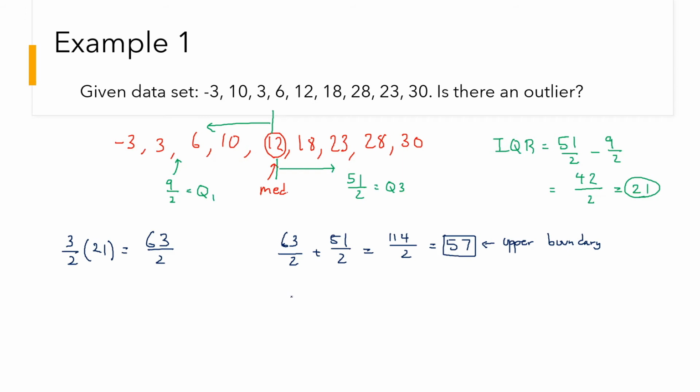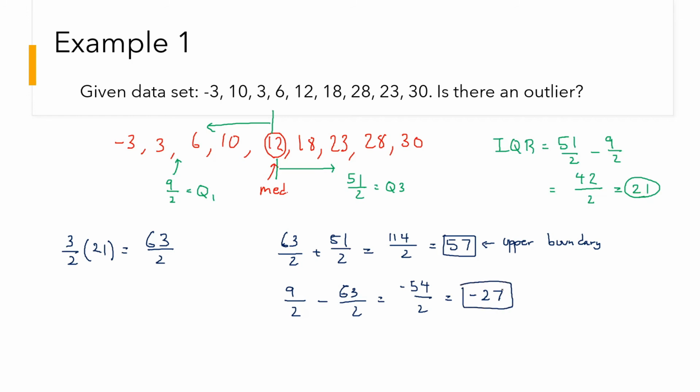And same thing to the other side. Anything below the first quartile by that number is known as an outlier. So Q1 was 9 over 2 minus 63 over 2, which comes out to be negative 54 over 2, negative 27 as the answer.